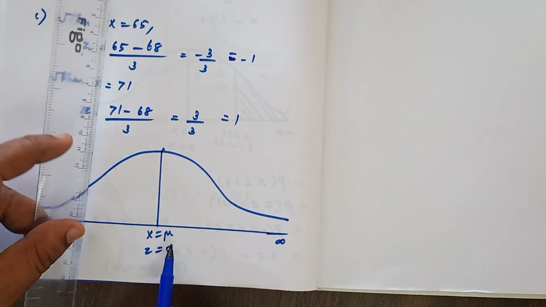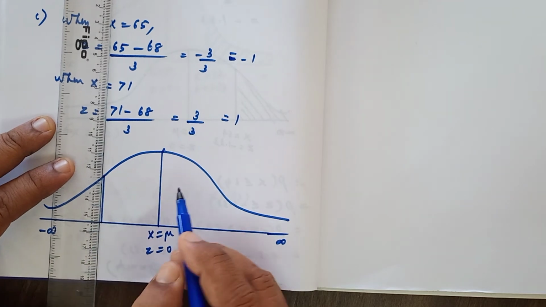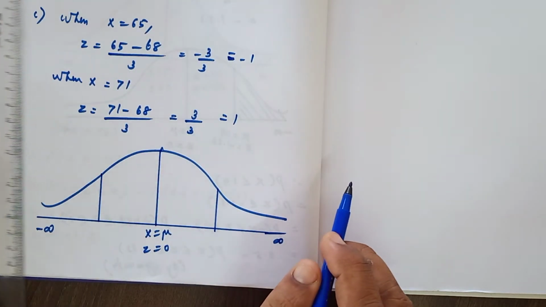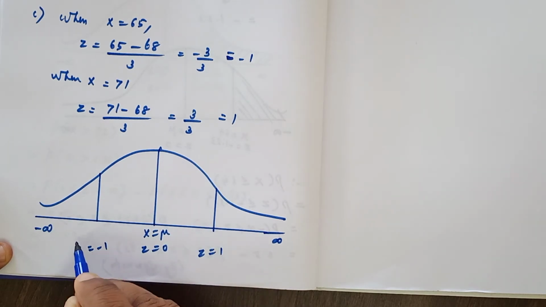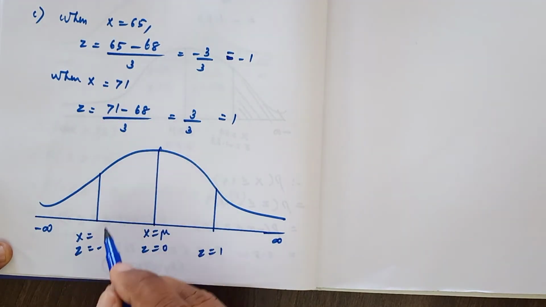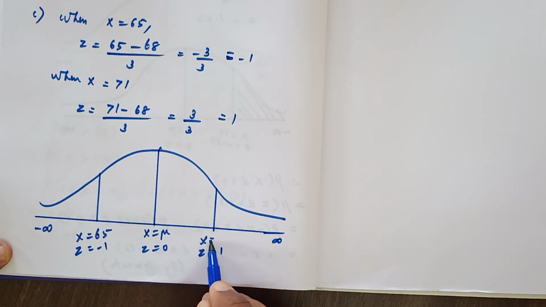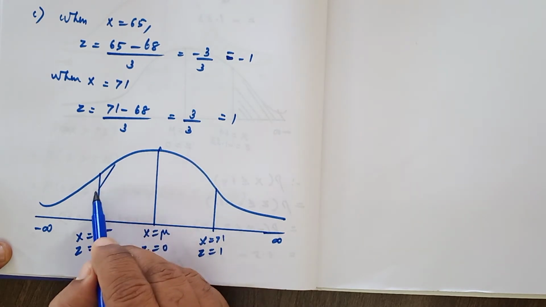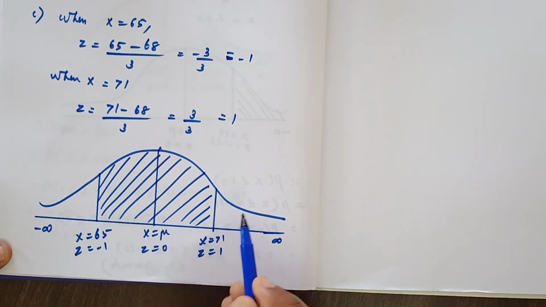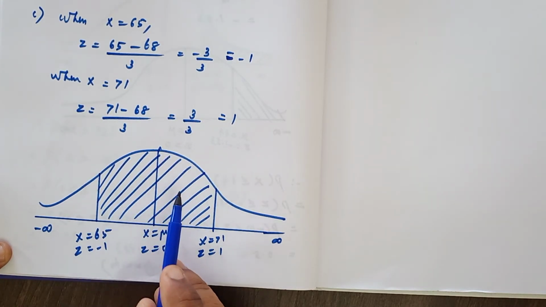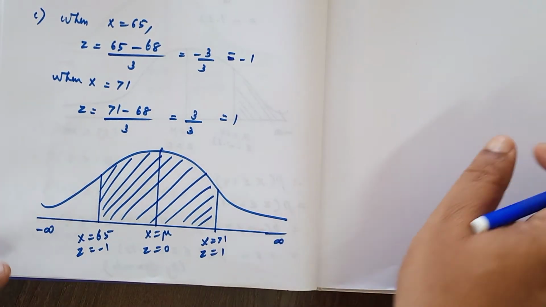This is the mean, x equal to mu, left hand side of the mean, and 1 is the right hand side of the mean. This is z equal to minus 1, here z equal to plus 1, the corresponding values of x being 65 and 71. The in-between portion is to be shaded. We have to calculate this area. For finding this entire area, I start from minus 1 to 0, because you have to touch that 0. After that 0 to 1. I have to take always from left to right only. Minus 1 to 0, 0 to 1.